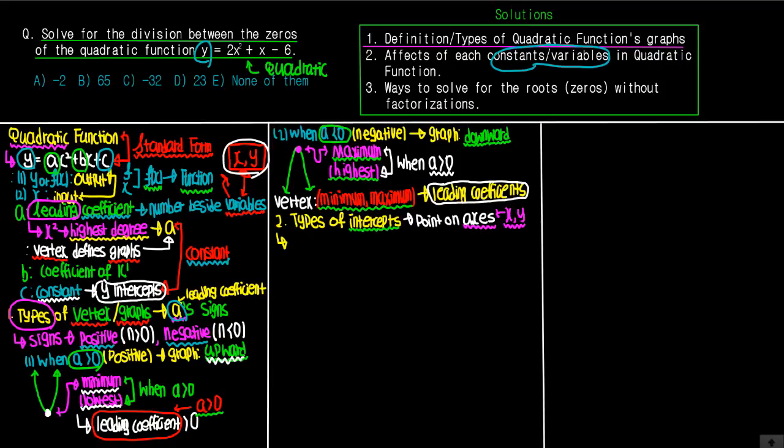What happens when the point is on the x-axis? Well, it will be the x-intercepts when our point is on the x-axis.